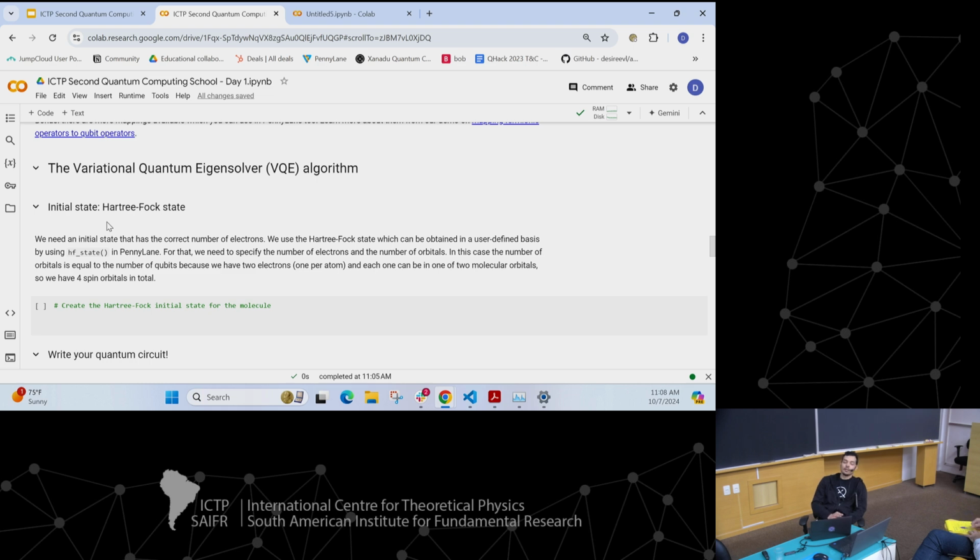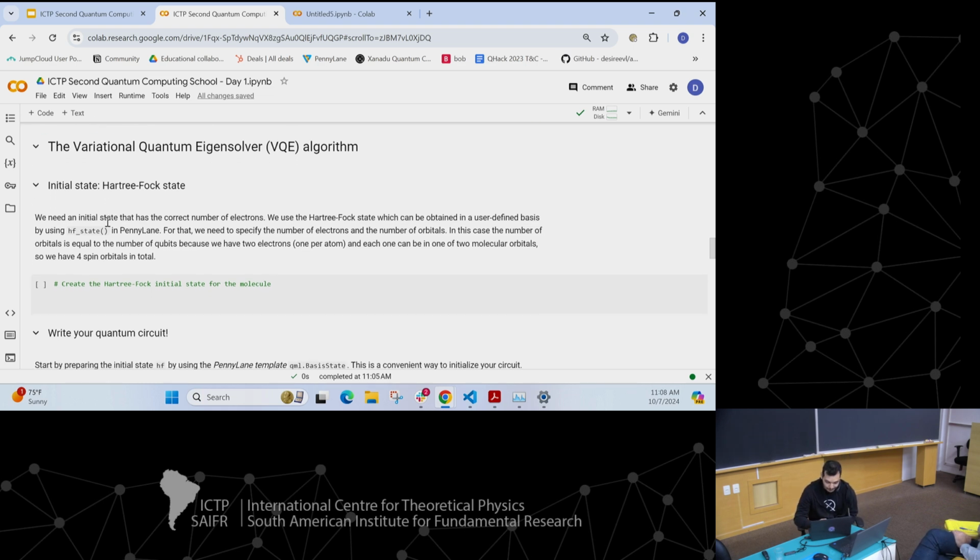In practice, it's not trivial to program a Hartree-Fock method. There's a lot of work that needs to be done. We're going to skip over all of that and just run the Hartree-Fock method that's encoded in PennyLane.